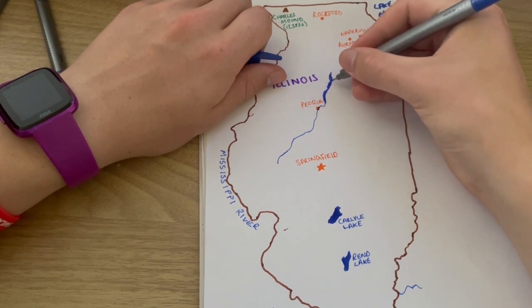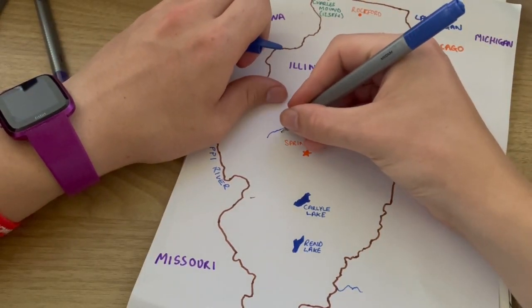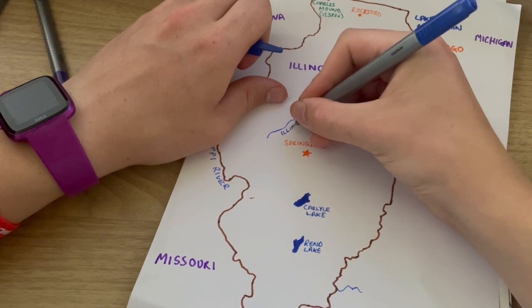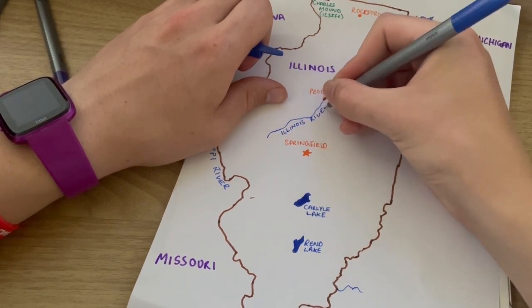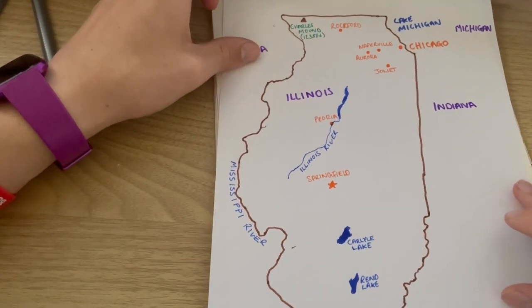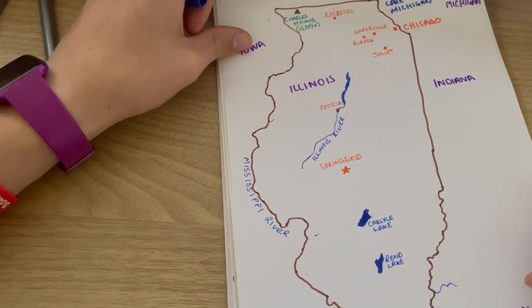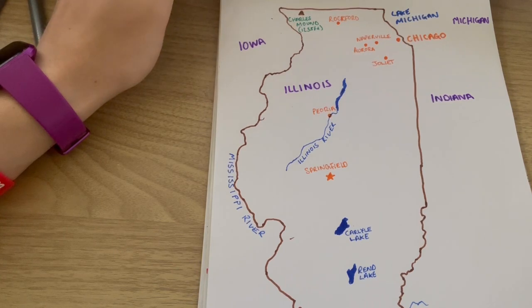As such. And that is the Illinois River. You may be surprised to know that the Illinois River is in fact in Illinois, if you can suspend your disbelief for long enough.